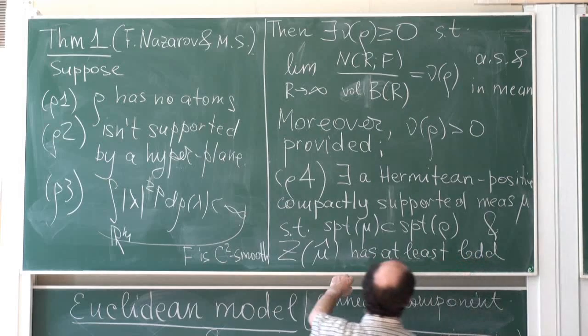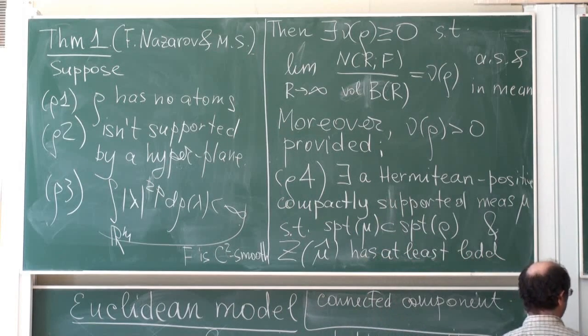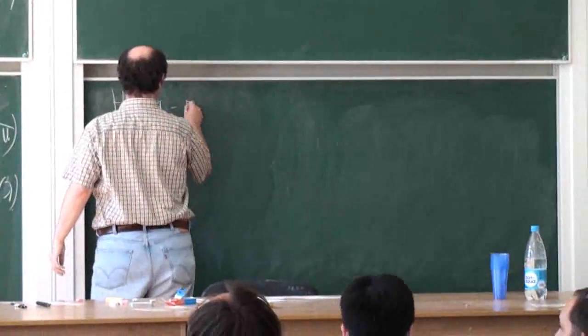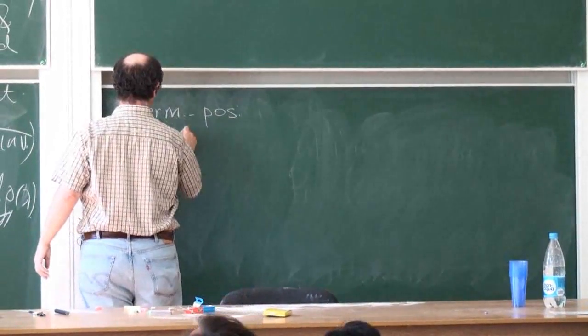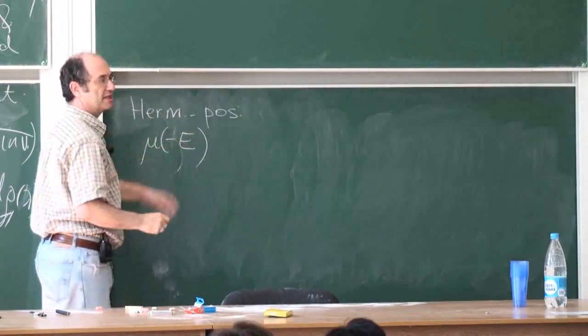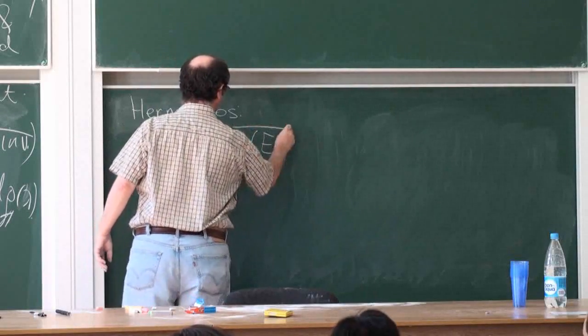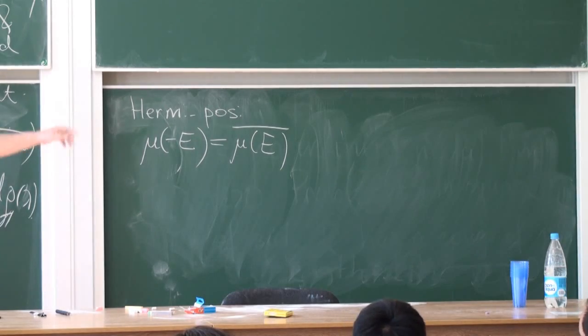But first of all, what does Hermitian positive mean? It means that if you reflect the set at the origin, the measure will be conjugate. These measures are complex valued. It will be conjugate to the original measure.